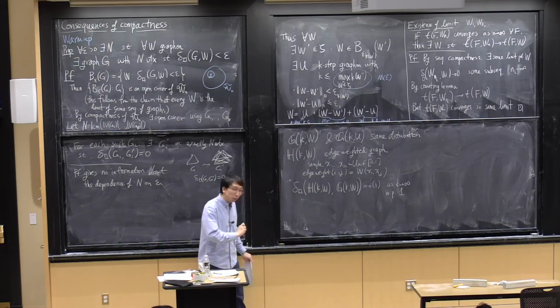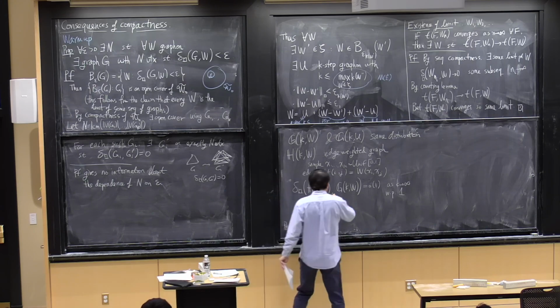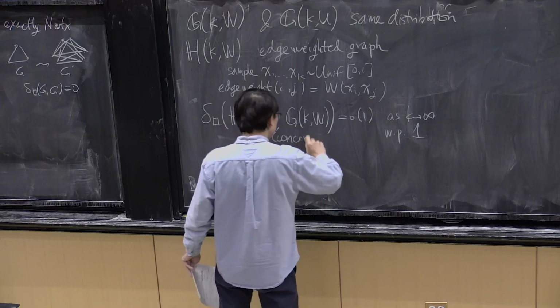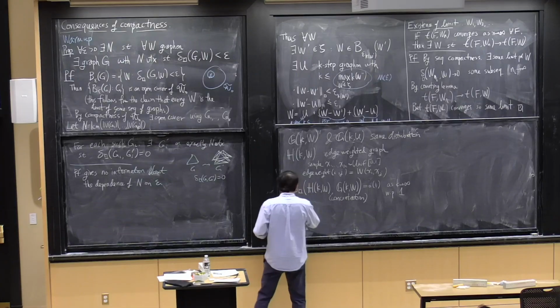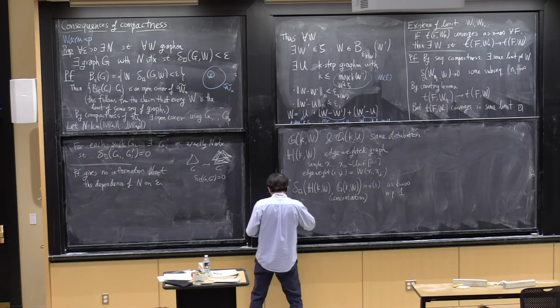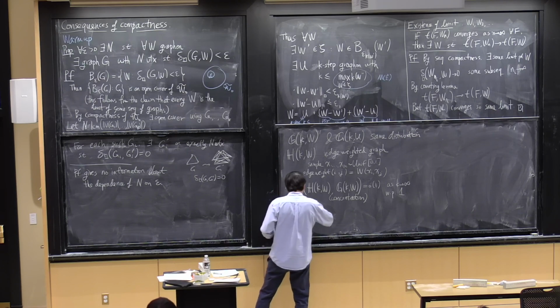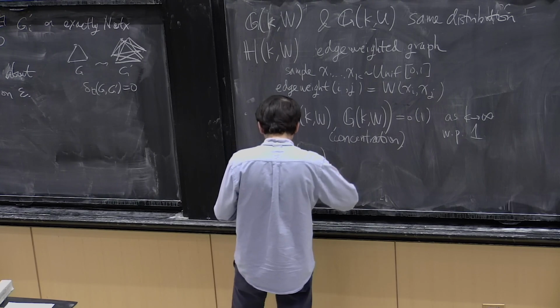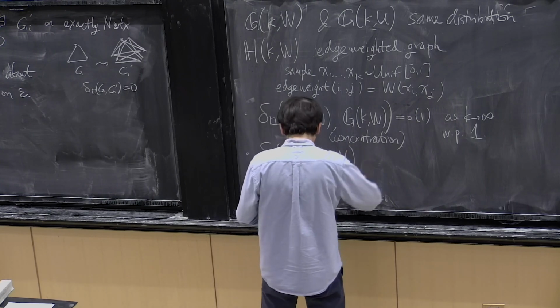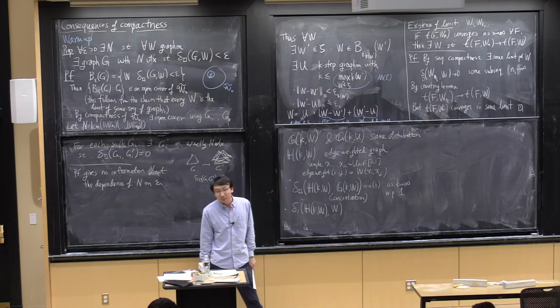Not going to do the proof, but it's some kind of a concentration argument. And the second claim is that the H random graph is actually very close to the original graphon W as well.